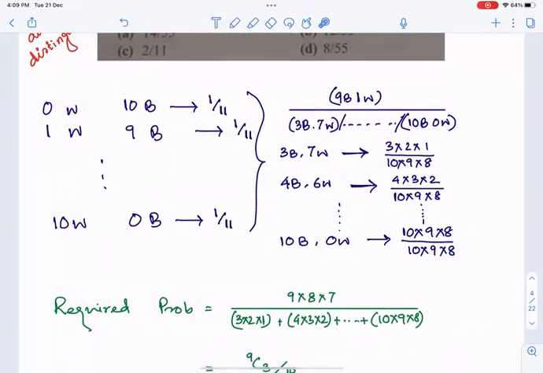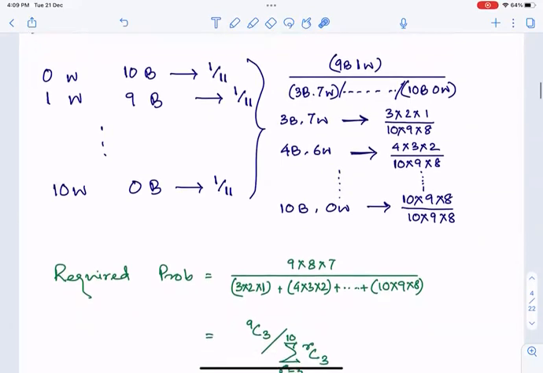All these triplet products are supposed to have the denominator 10 into 9 into 8, which I can cancel from the whole ratio. And after that, for ease of adding, I can divide each of these triplet products by 3 factorial.